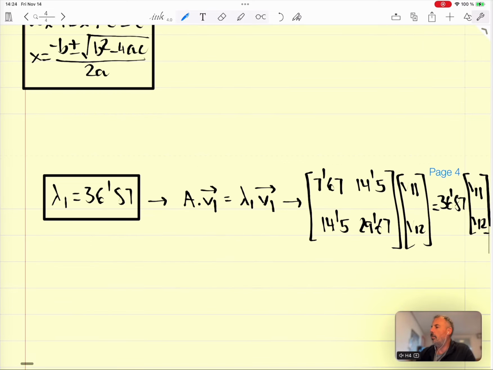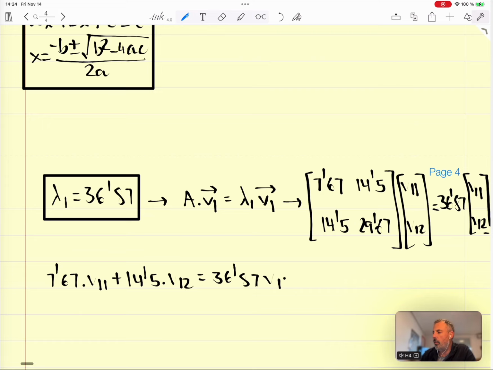So by solving these two equations, we get 7.67 times V11 plus 14.5 times V12 is equal to 36.87 V11.